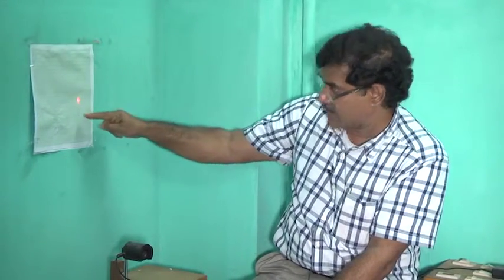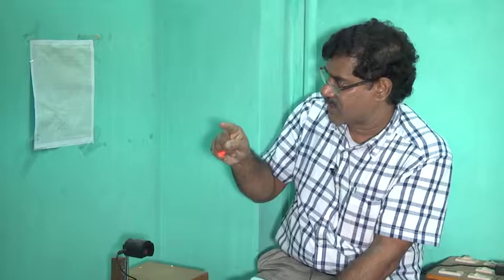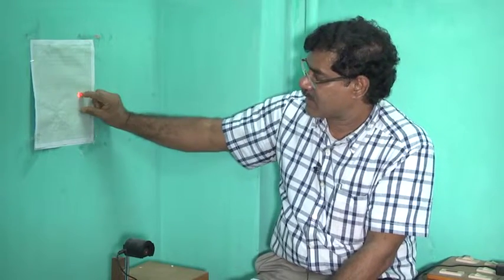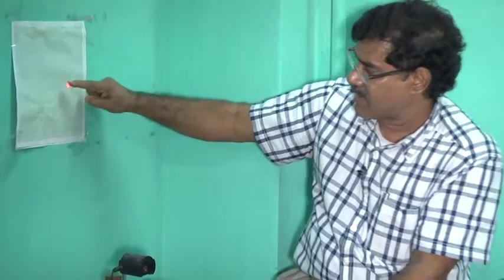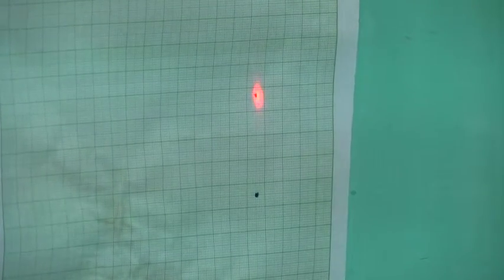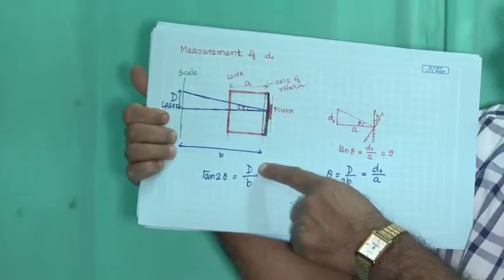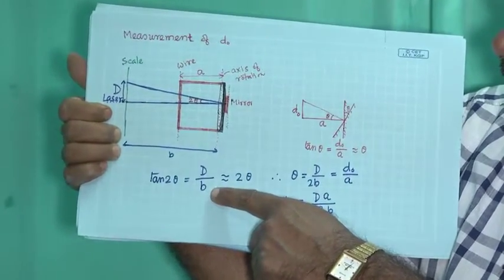Because of that, the ray comes down and it is falling here, and you add these two. So tan 2 theta will be this divided by this, that is this D divided by this distance b. D by b will be tan 2 theta, equal to capital D by b, right.